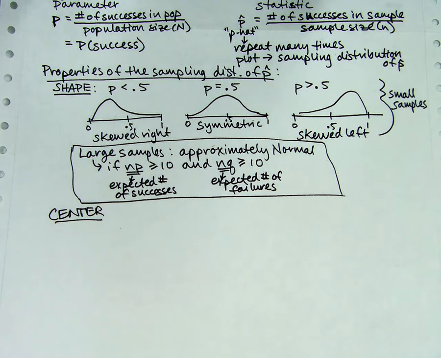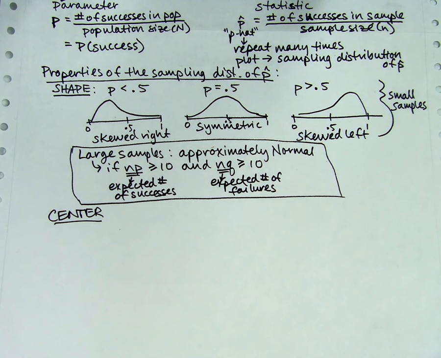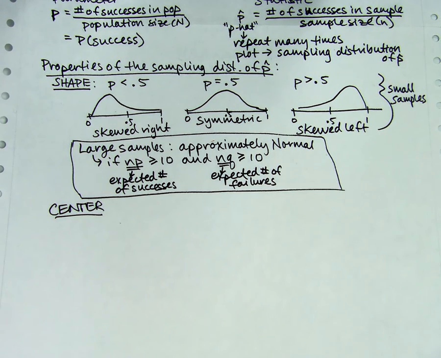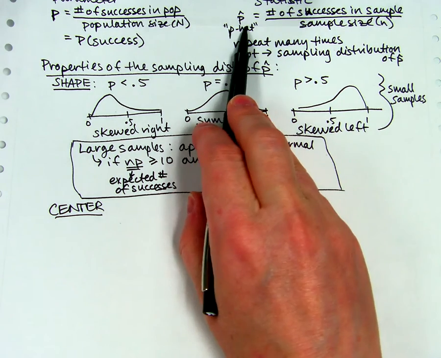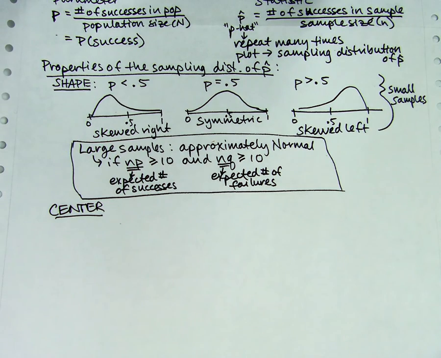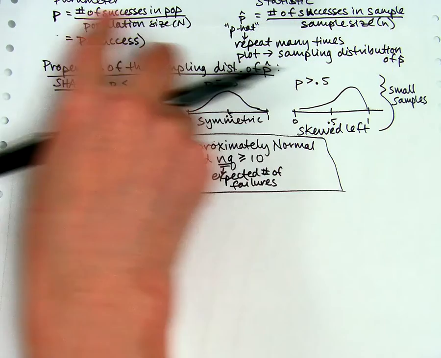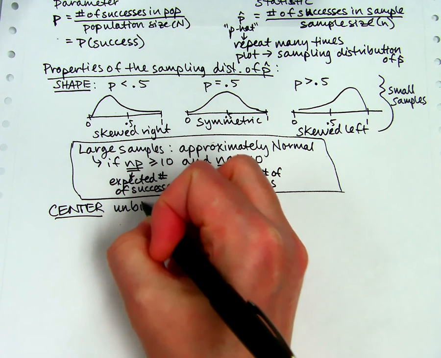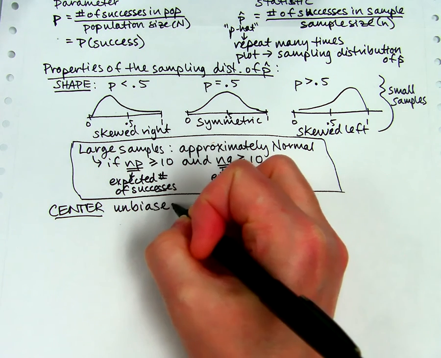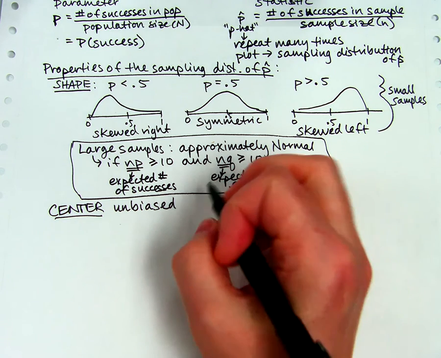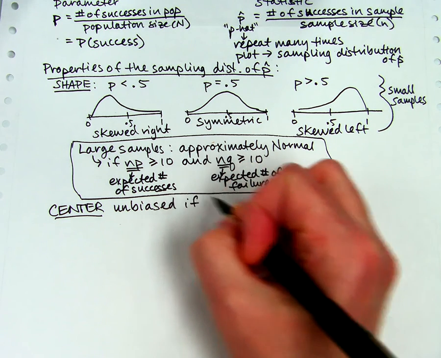Well, now that's almost the same as binomial. Not quite, because we're dividing by n now. I will say that what we want is for our estimators to be unbiased. We want p hat to be a good estimator of p, and what that means is that the mean of all the p hats should match p. That's that unbiased thing that we've been talking about. p hat is naturally unbiased, but you have to make sure of that by doing random samples.